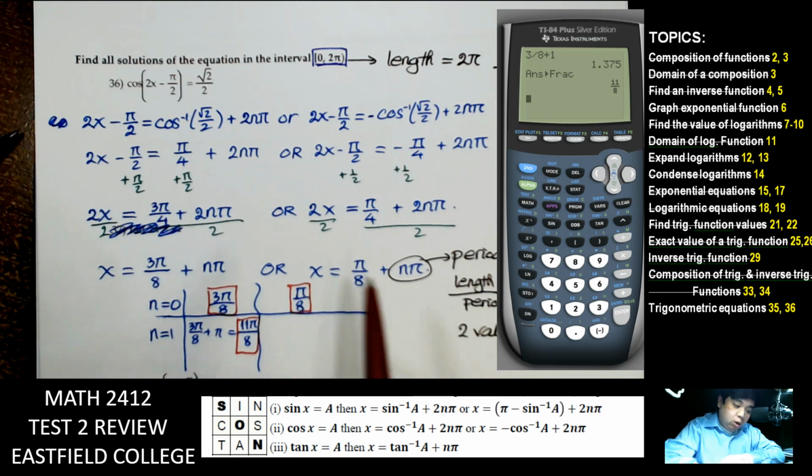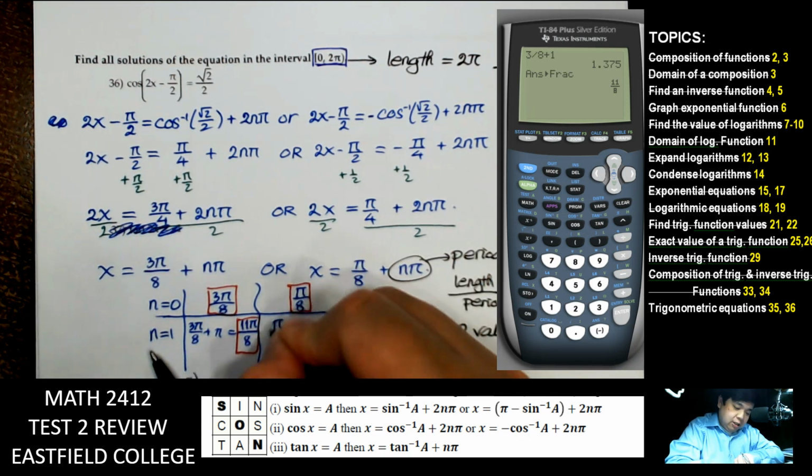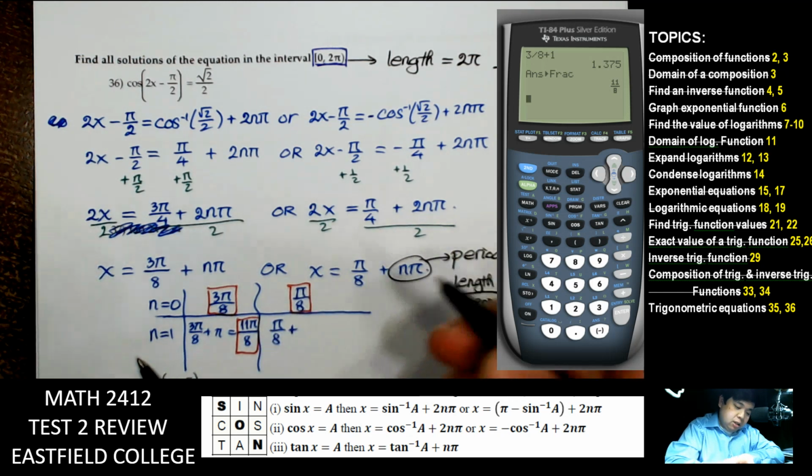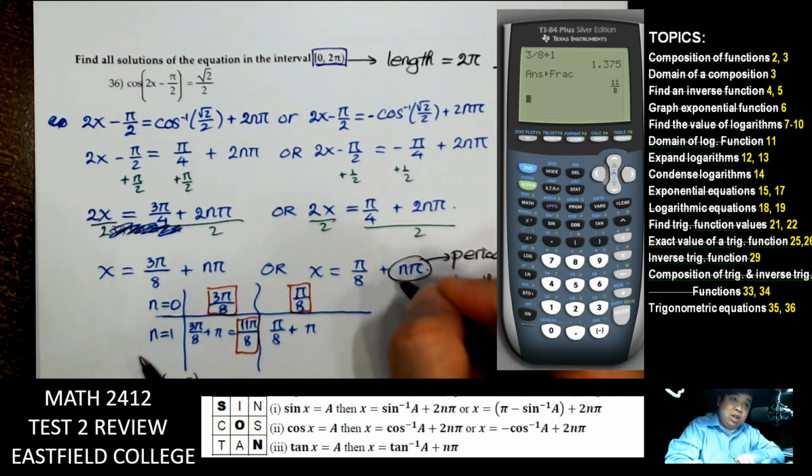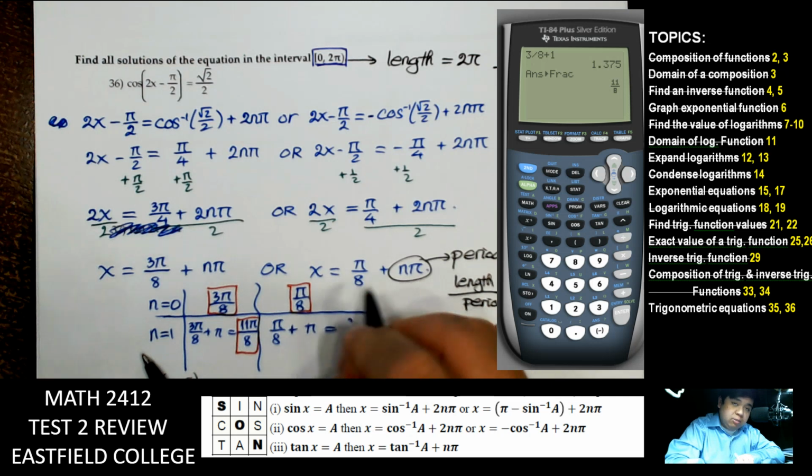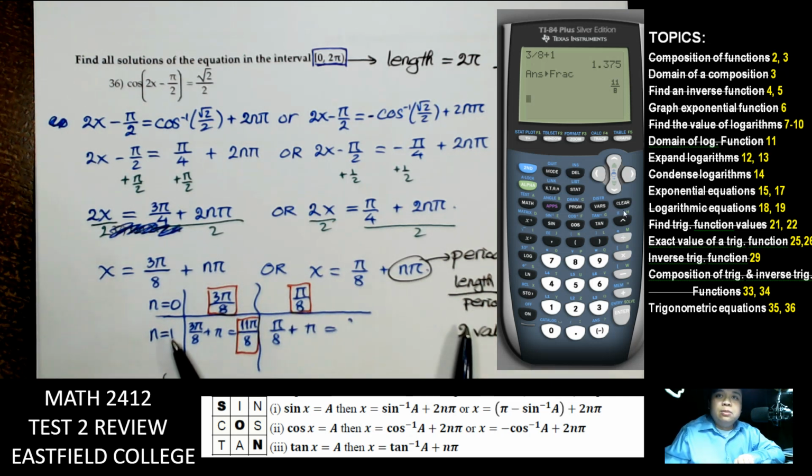Now we're going to go for this one. We have 1 already. Now if we have pi over 8 plus pi, because when n equal to 1, let's do that. 1 over 8 plus 1. We know that is 1.25, which is still between 0 and 2 pi.